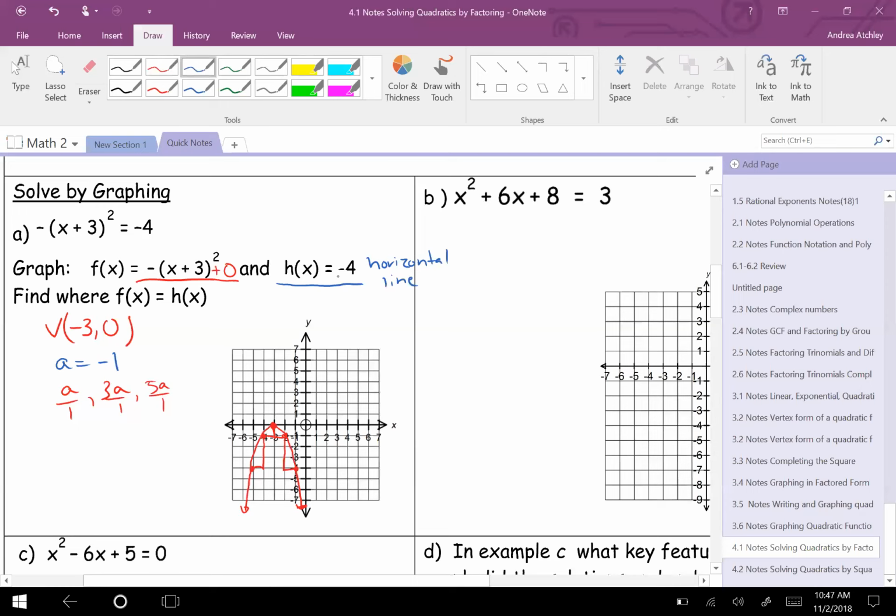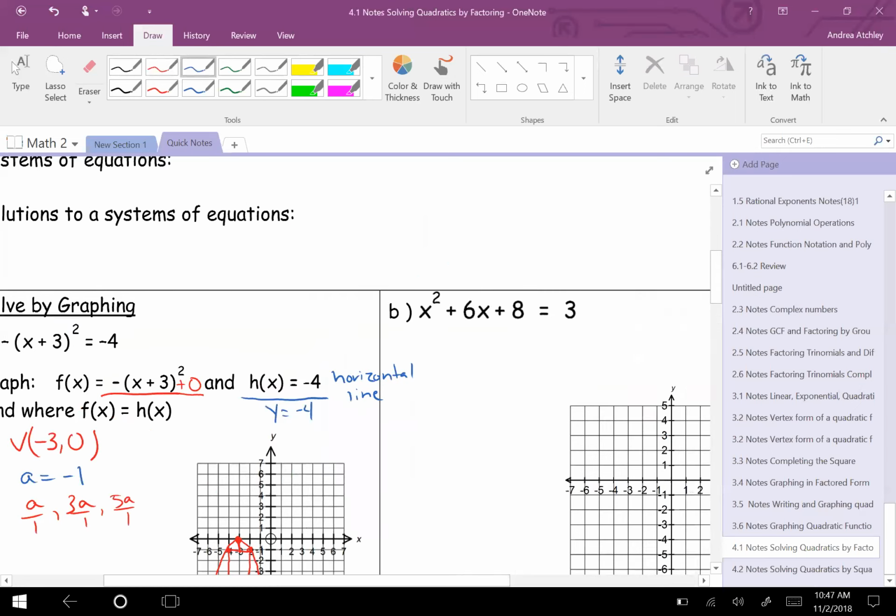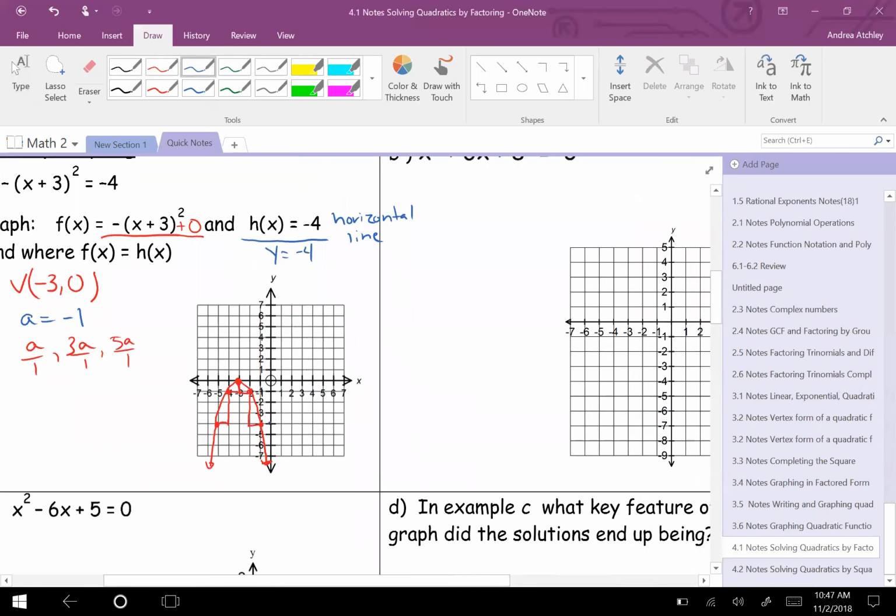This is like y equals negative 4. So I'm going to go where y is negative 4, which is right here. And I'm going to draw a horizontal line because that's where y is always negative 4.